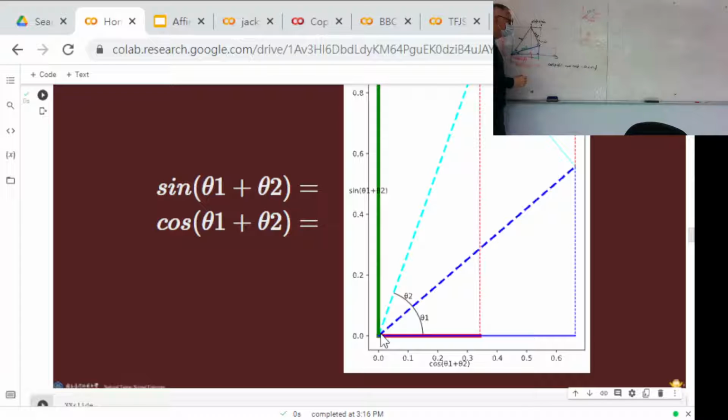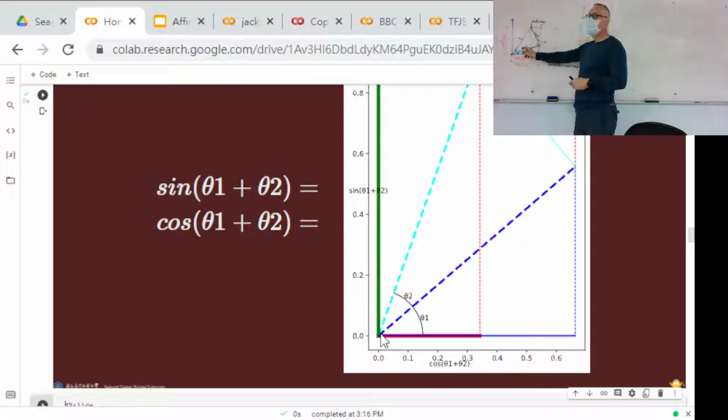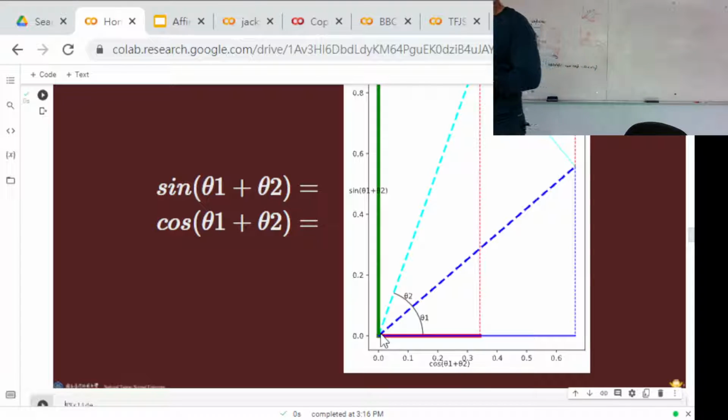So that part is cosine beta multiplied by sine alpha. And this part here is sine beta multiplied by cos alpha, because this one is cos alpha multiplied by sine beta. And there you have it. That's the addition theorems for sine and cosine.